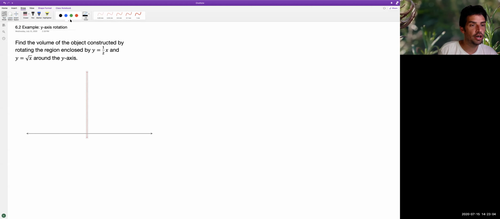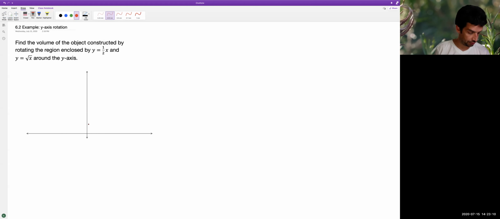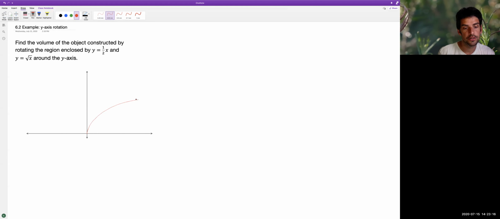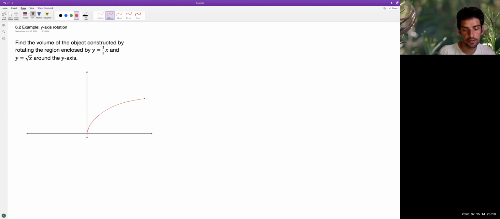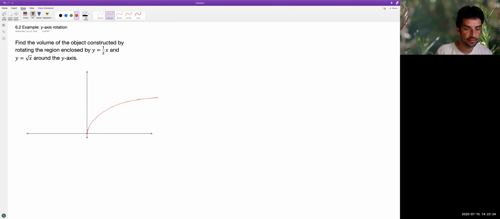And let's draw our function. So there's our two axes. So I've got two functions here, y equals the square root of x, which is going to look something like this. Extend it a little more. And then the function y equals 1/2 x.